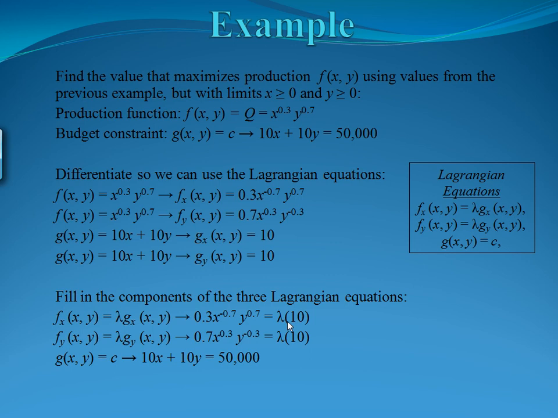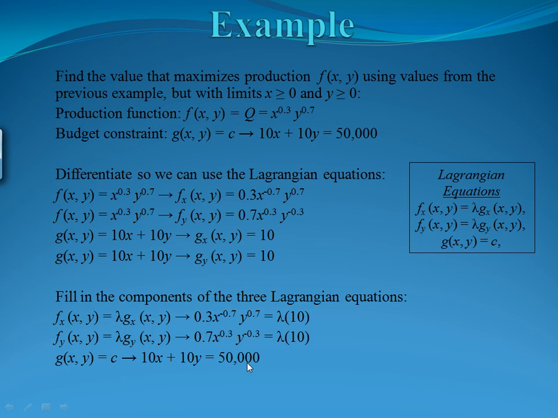Our second equation is the partial derivative with respect to y equals lambda times the partial derivative of g with respect to y. So we take our partial of f and set it equal to lambda times the partial derivative with respect to y of the constraint, which again is 10. Then we also need to satisfy our general constraint, which is 10x plus 10y equals 50,000.